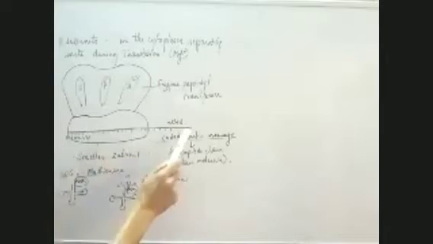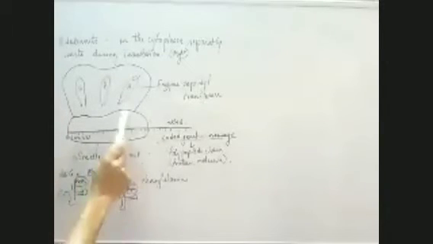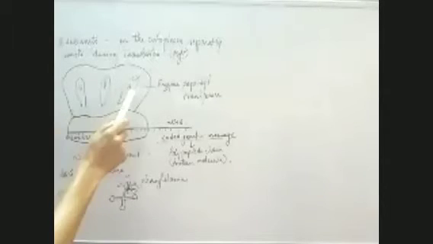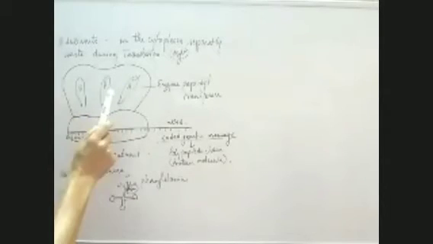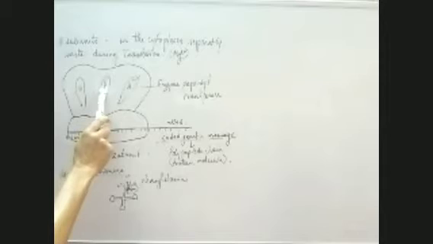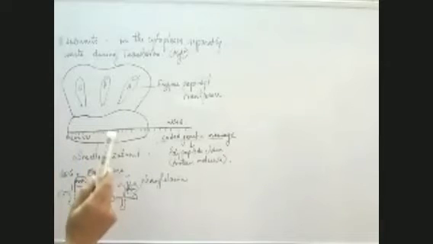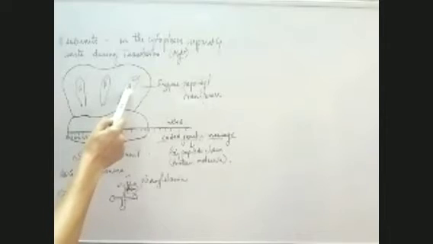This messenger RNA attaches to the smaller subunit, whereas the larger subunit has three sites: the A site, P site, and E site. The P site is the peptidyl site which receives the transfer RNA carrying the amino acid methionine for the initiator codon, and the rest of the transfer RNAs bringing other amino acids are accepted by the acceptor site.